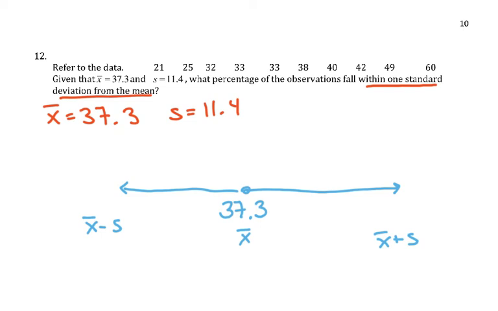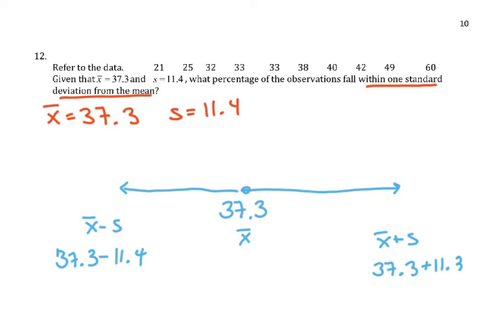Take the mean and add the standard deviation to it. Take the mean and subtract the standard deviation from it. And then we get this little window around the mean.